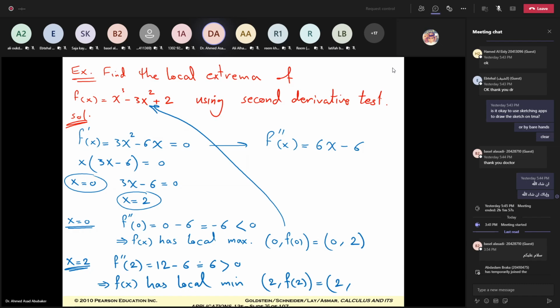We have 8 minus 12 plus 2, so we have -2. Okay, these are the local maximum and minimum using the second derivative test. Any question?